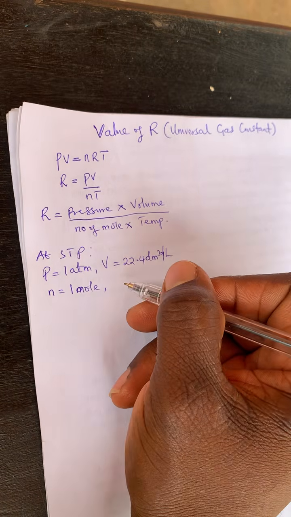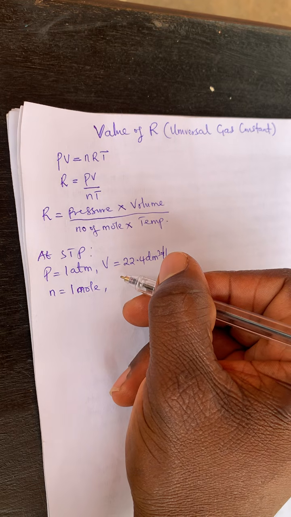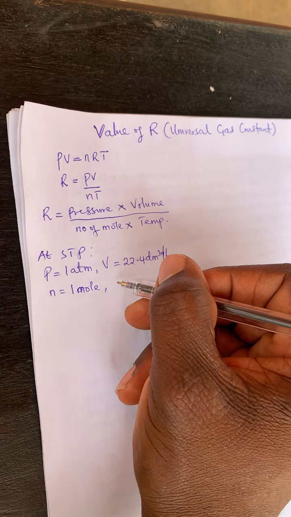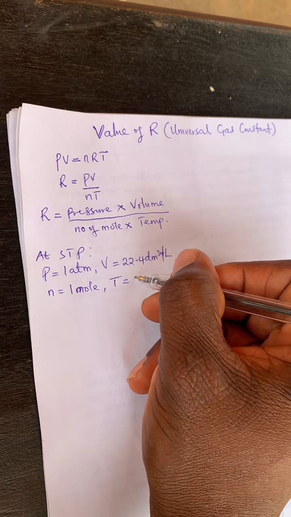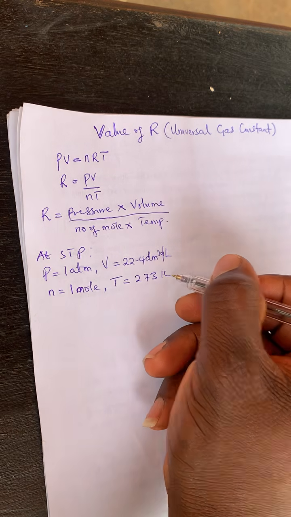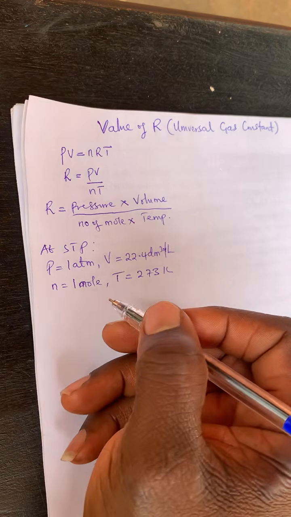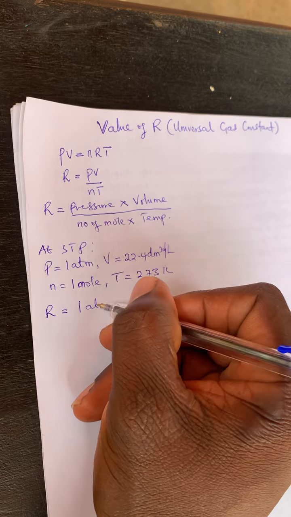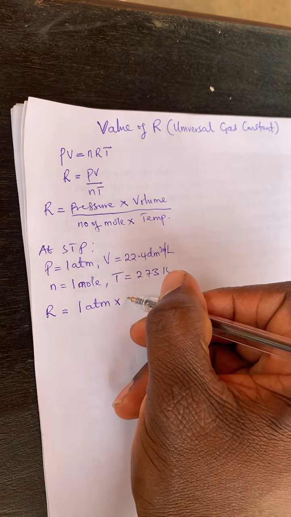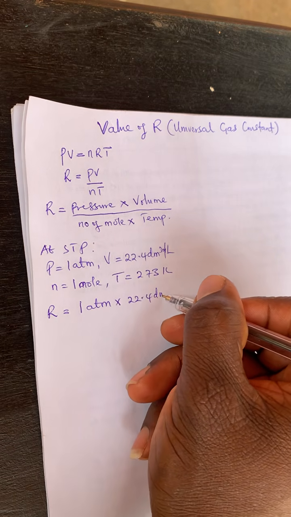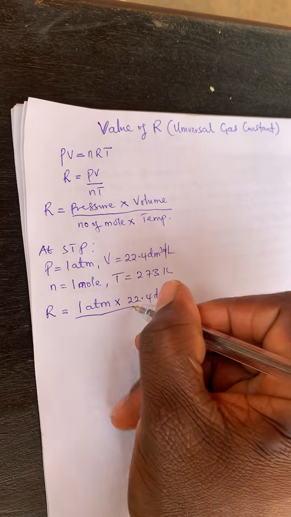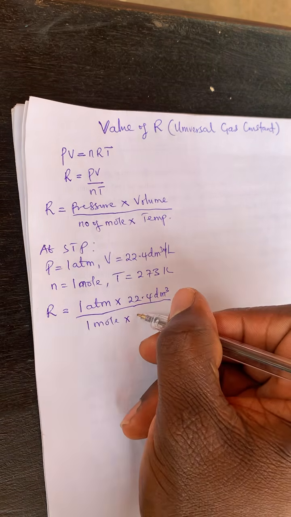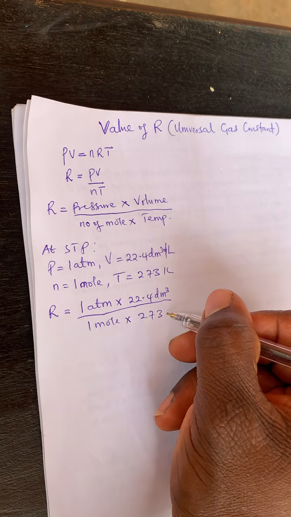So 1 mole of gas will occupy 22.4 dm cube at a pressure of 1 atm and a standard temperature of 273 Kelvin. If we put this into the equation, R equals 1 atm times 22.4 dm cube, divided by 1 mole times 273 Kelvin.